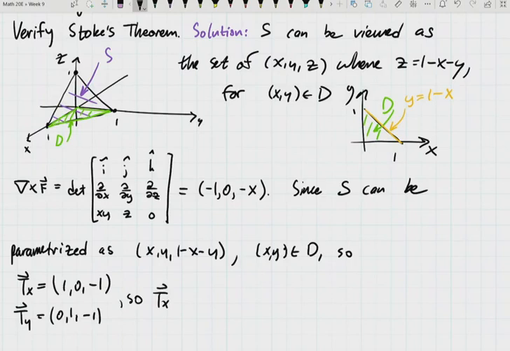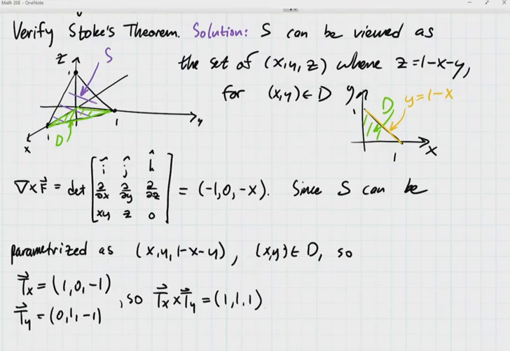So the normal vector Tx cross Ty is equal to (1, 1, 1), as it so happens. Let me try and draw that. So that's like this guy.